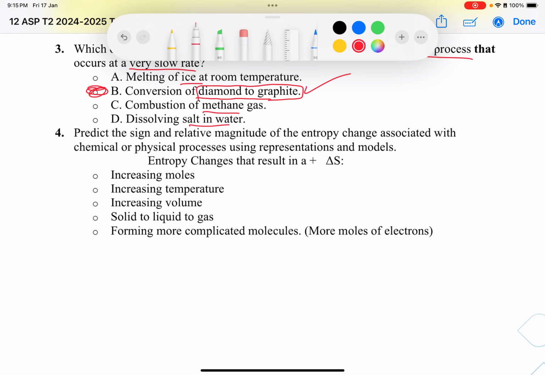Predict the sign and relative magnitude of the entropy change associated with chemical or physical processes using representation and models. Okay, so which entropy changes result in a positive sign of delta S?